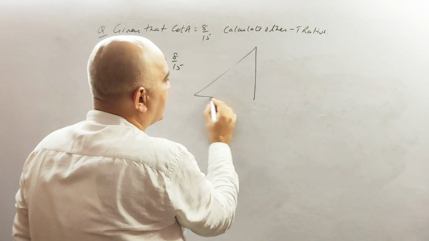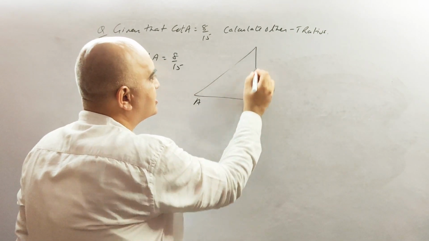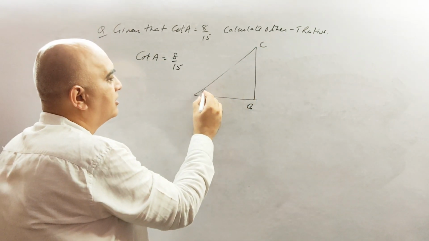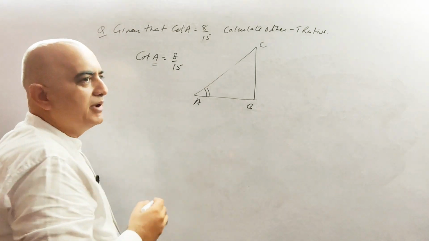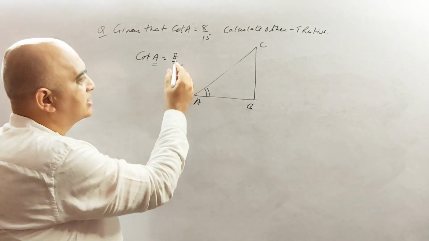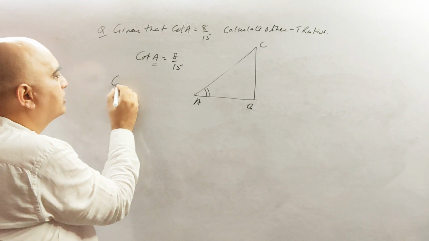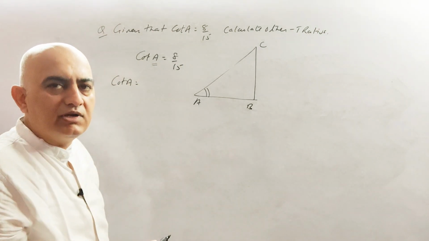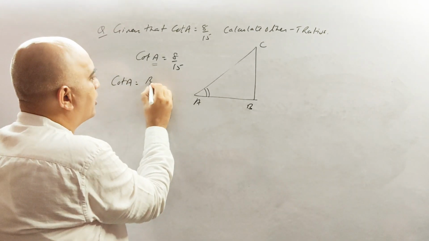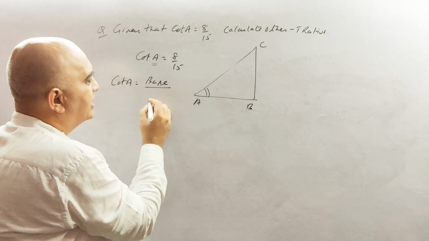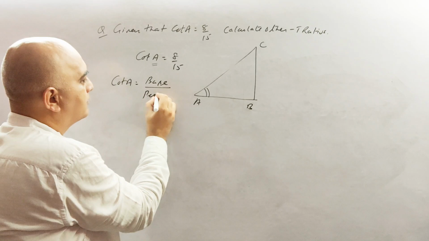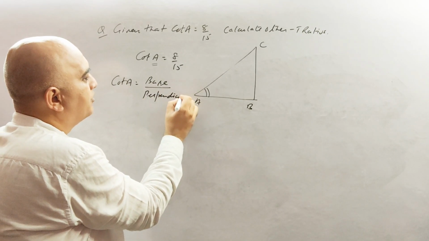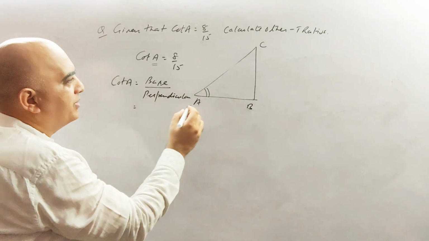Now we will draw a right angle triangle, ABC. And here the measure of this angle is given by cotangent, that is cot of A is equal to 8 by 15. And we know the formula for cot A is the reciprocal of the tangent, that is base upon perpendicular. What is our base?